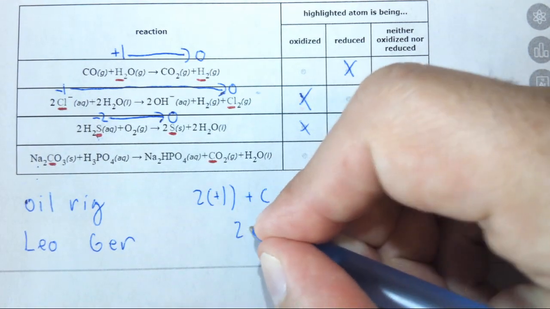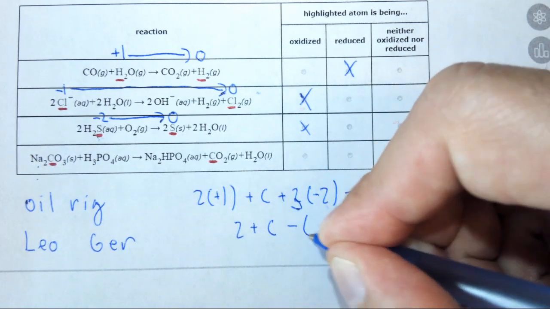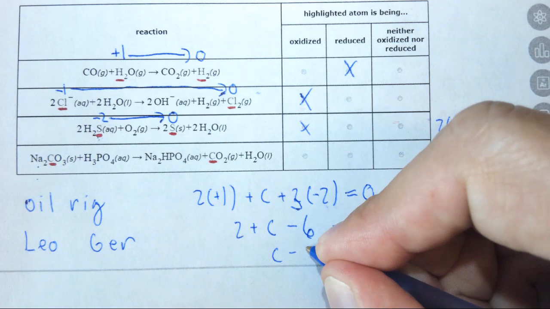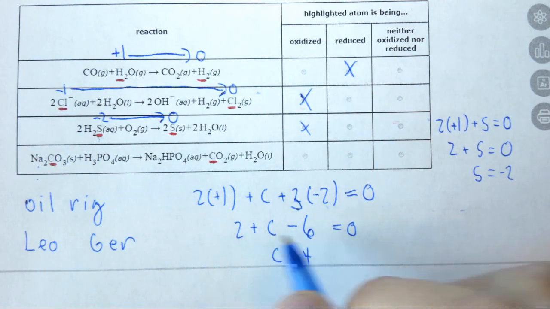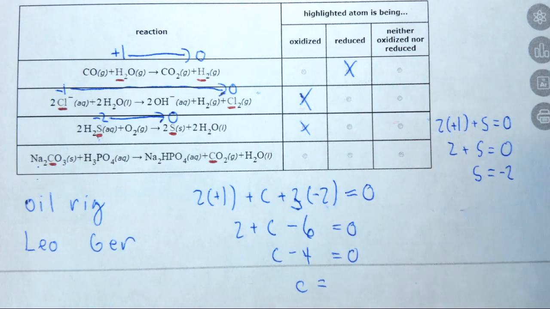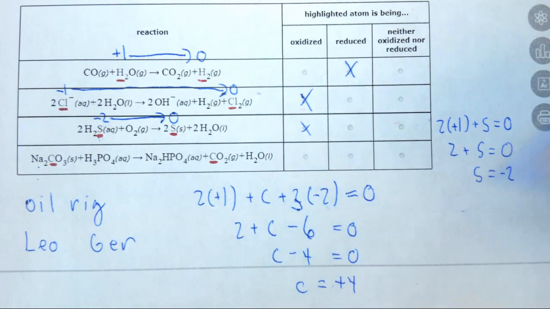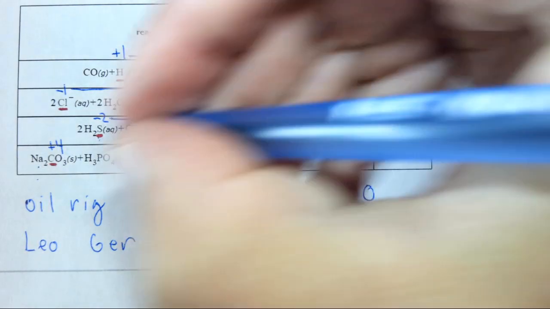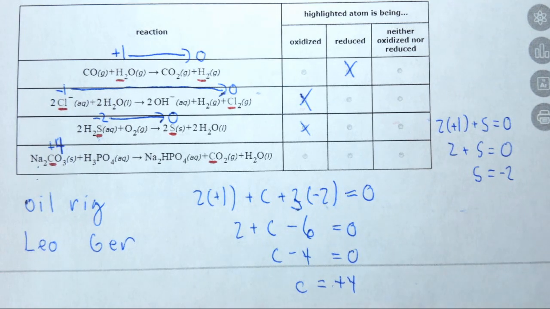So we have 2 plus C minus 6 equals 0. C minus 4 equals 0. C equals +4. So on this side, the oxidation state of carbon is +4.